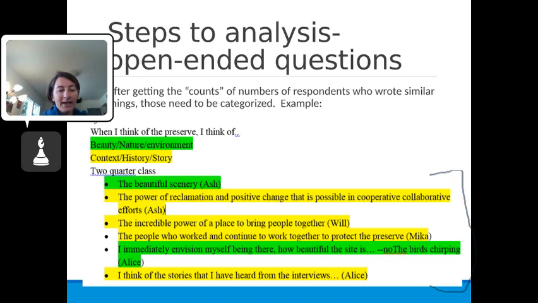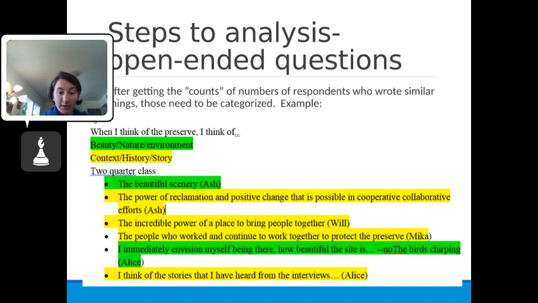And then I categorized them. So here I thought, these are about the beauty of nature and the environment. And then here's things about context, history, and story, which is probably a little bit broad for a category, I have to say, to my former self. So now I have two categories, right? I've got quotes that have to do with beauty, nature, and the environment, and quotes that have to do with context, history, and story.